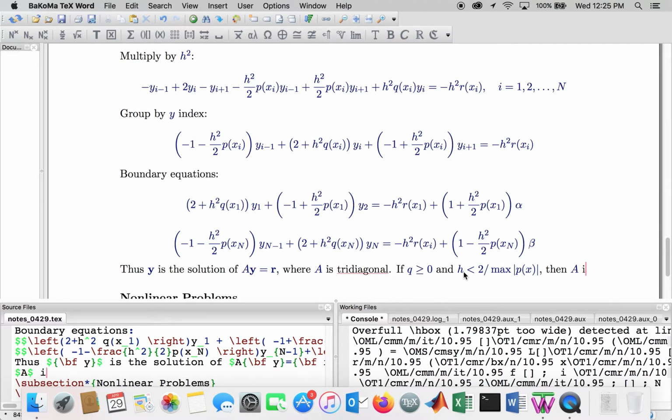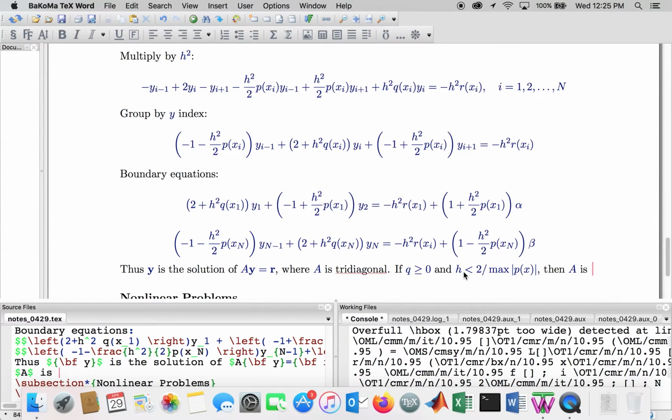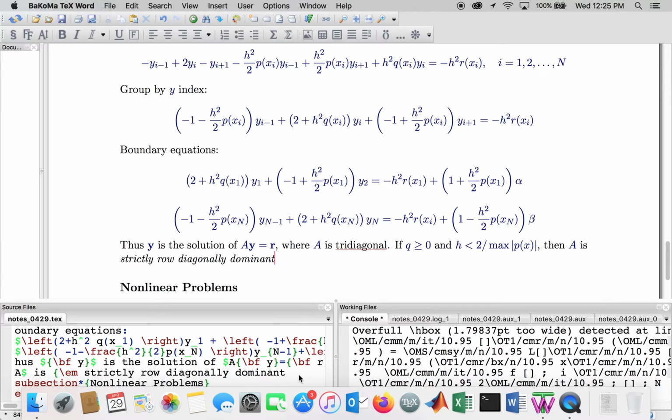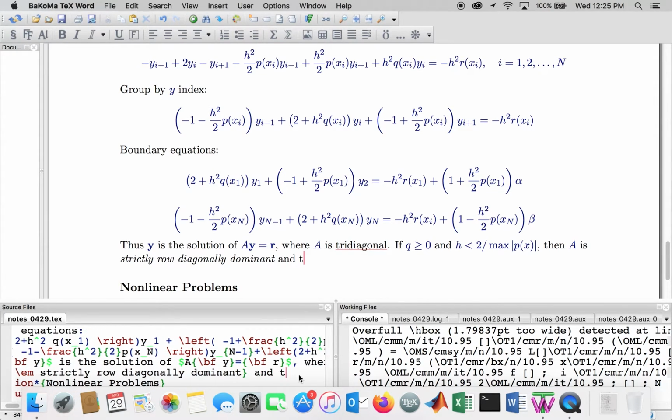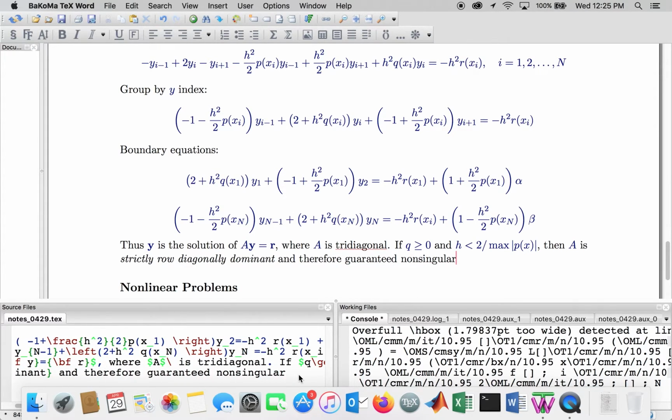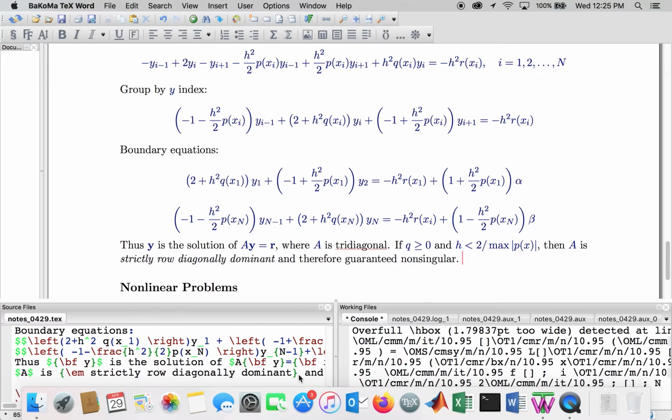Then we can say that A is strictly row diagonally dominant. Okay. So we can guarantee that it's not singular.